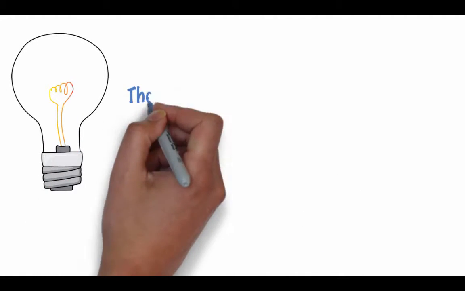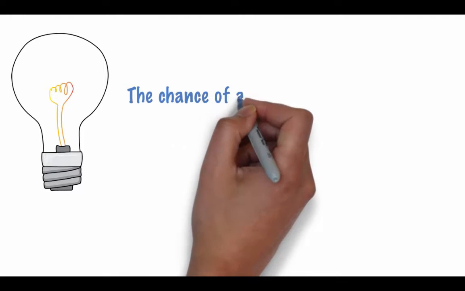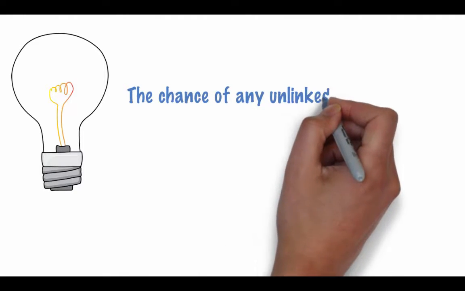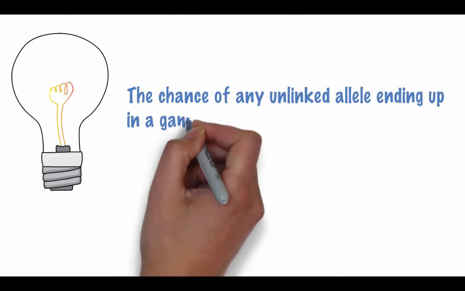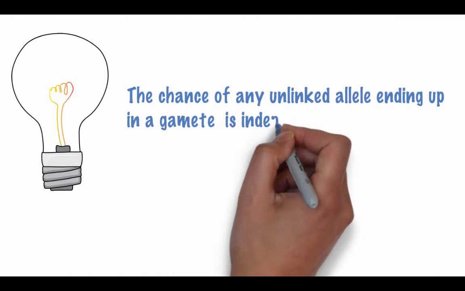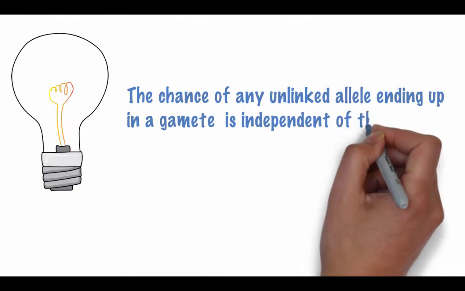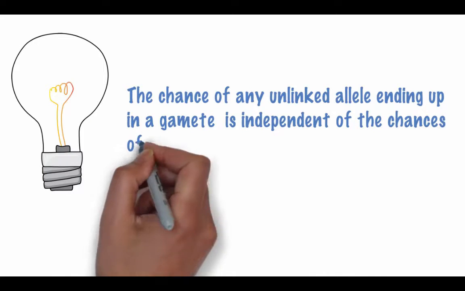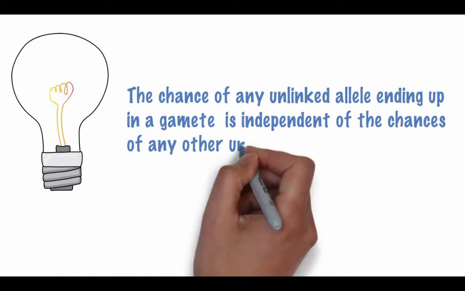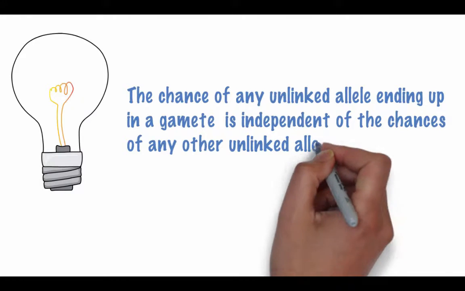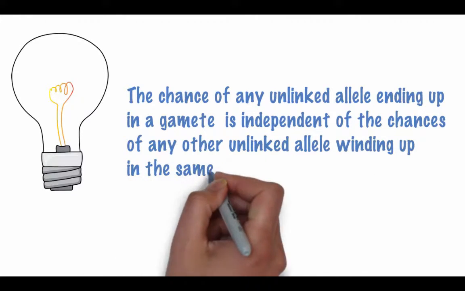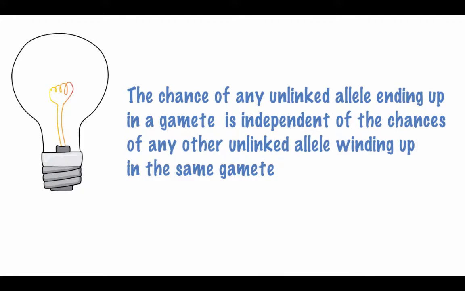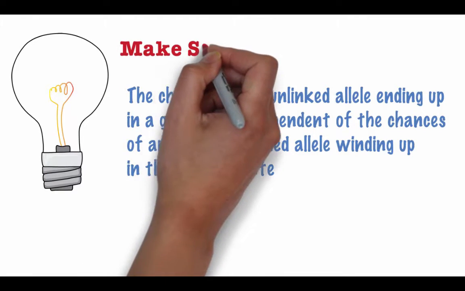Since the chance of any unlinked allele winding up in a gamete is independent of the chances of any other unlinked allele winding up in the same gamete, we want to make statistics work for you.